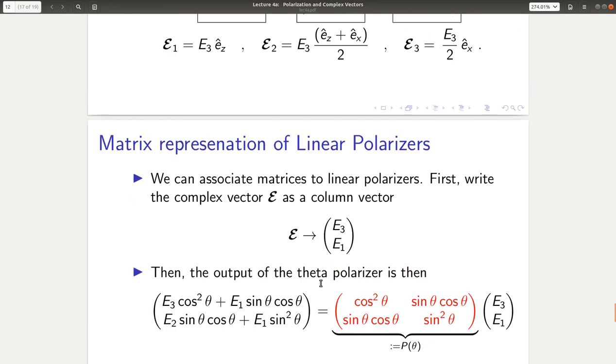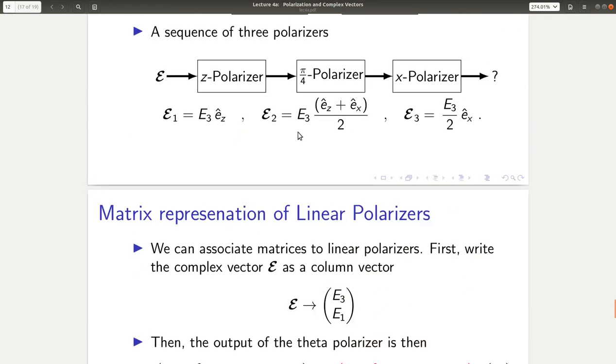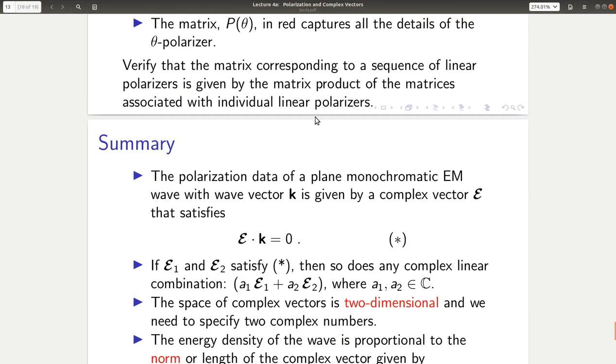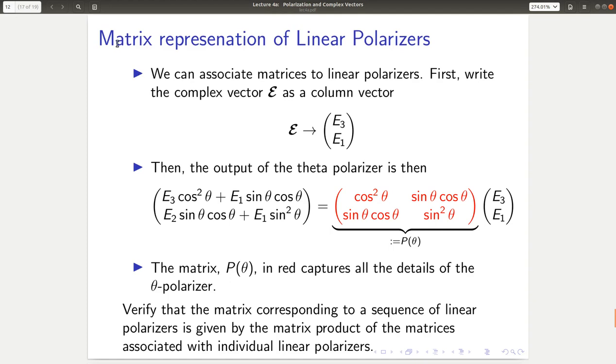So the question to you is, in this case, is it P1 multiplied by P2 multiplied by P3, or the other way around, P3 multiplied by P2 multiplied by P1? Again, please check that. That concludes what I wanted to say about the matrix representation of linear polarizers.